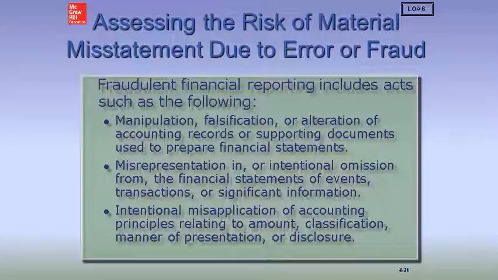It's still going to be a similar approach to what we took a minute ago for errors, but now we have to consider this intentional misstatement caused by fraud. When we talk about fraudulent financial reporting, it includes manipulation, falsification, or recording incorrectly information in the financial statements. Okay, so it could be any one of these up here.